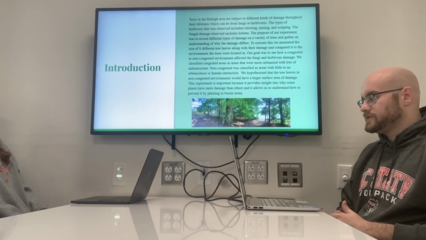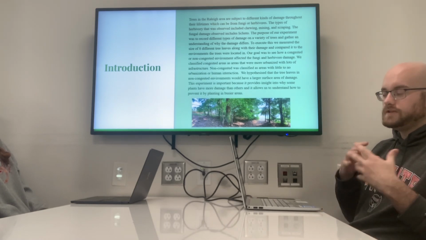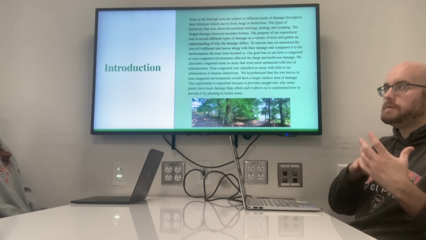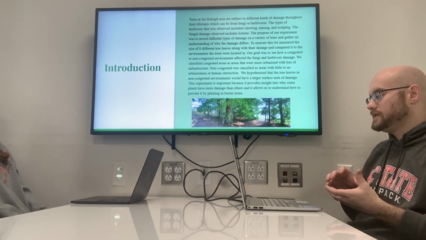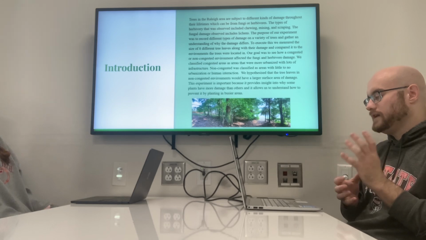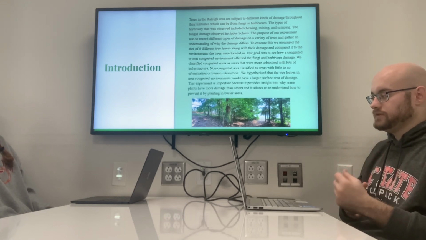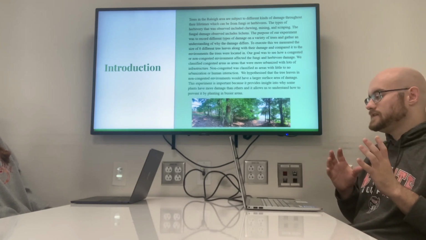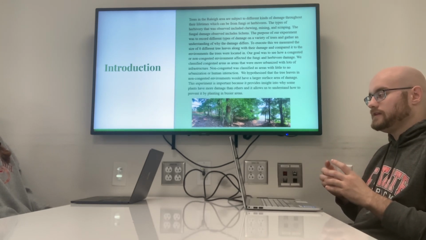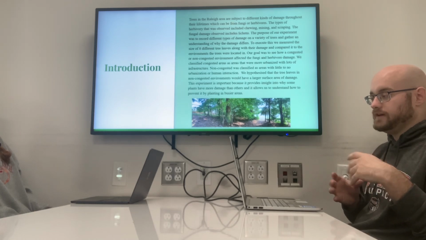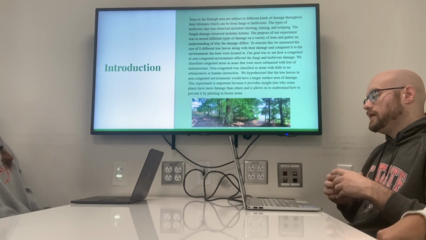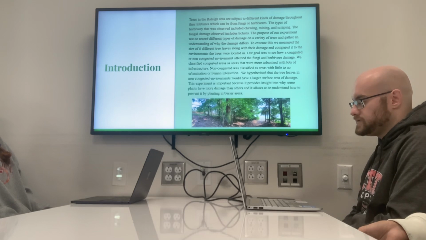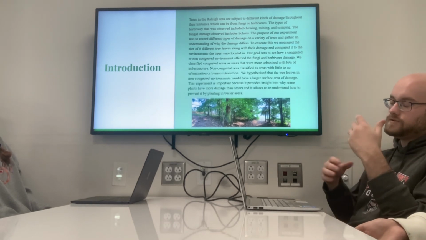However, the purpose of our experiment was to record a bunch of different types of damage on a bunch of different trees and gather an understanding of why the damage differs. What we did was we got a size of 8 different tree leaves and their damage and the size of their damage on each leaf, and compared it to the environments the trees were located in.